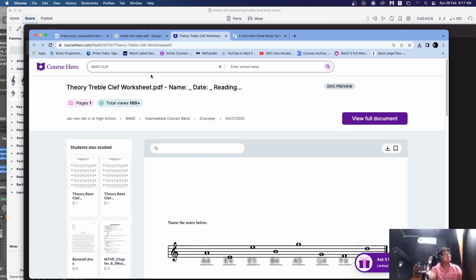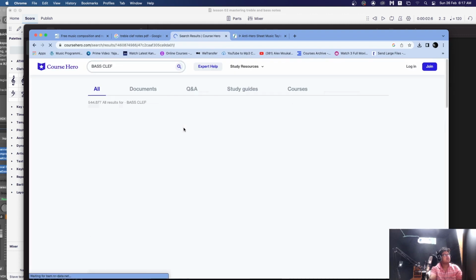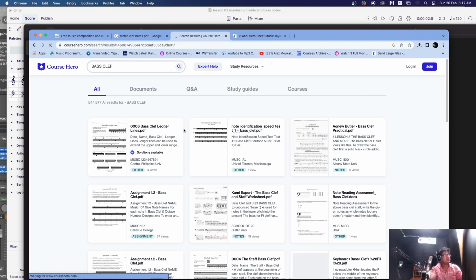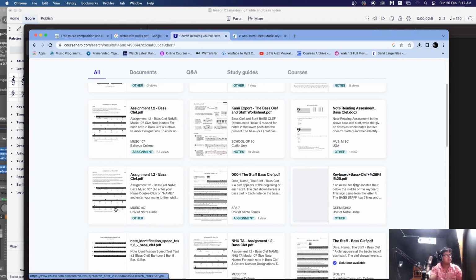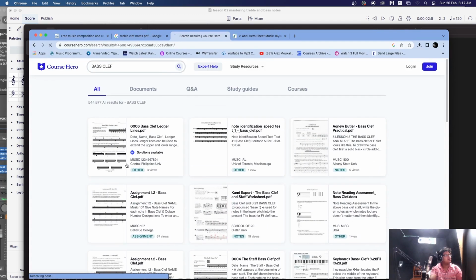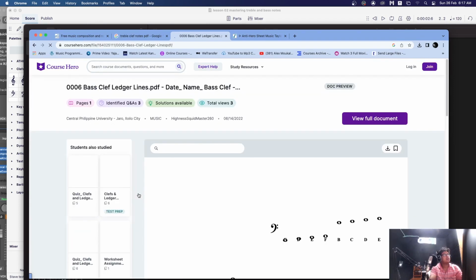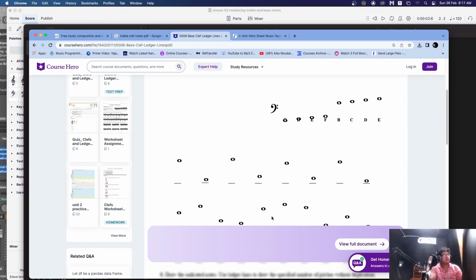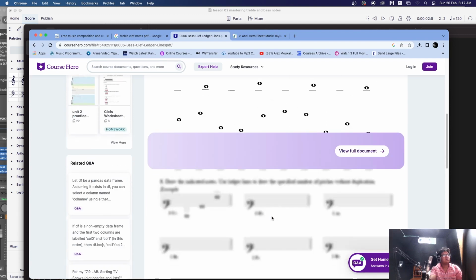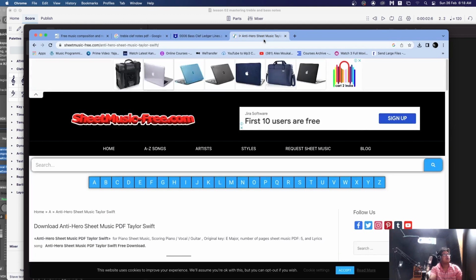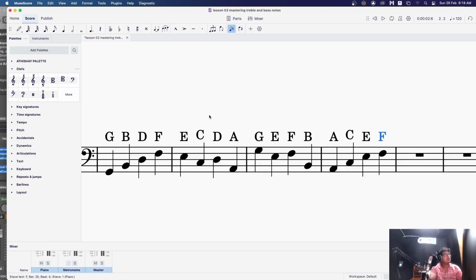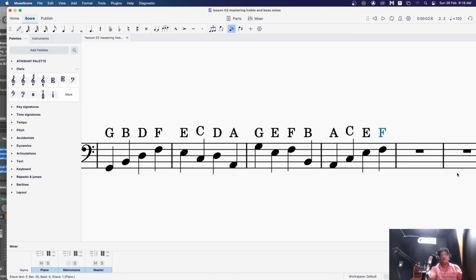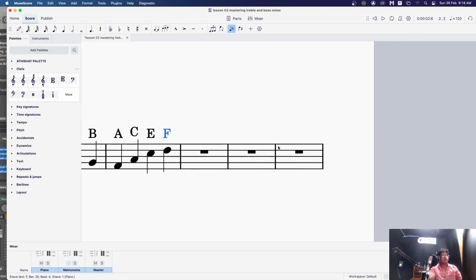Let me see if I can get a bass clef here. I'm seeing this website for the first time. Okay, bass clef is there. We'll do three more bars in bass clef.